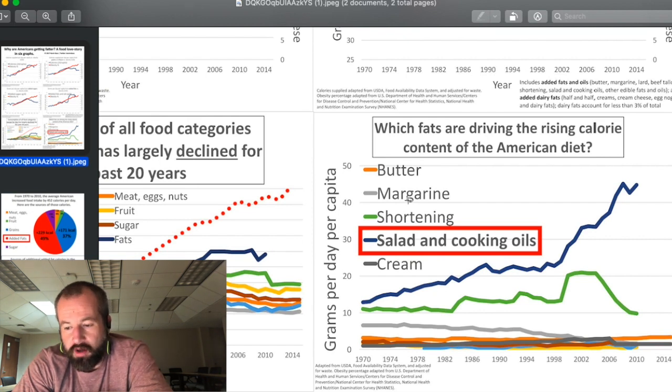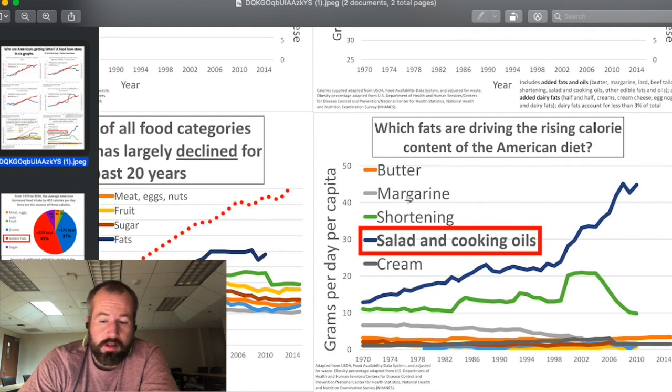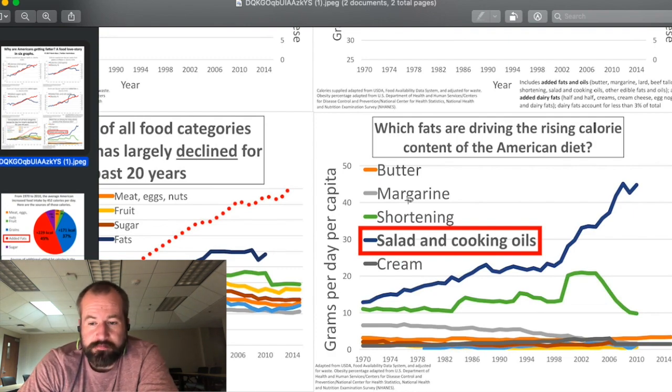Shortening has fallen off, especially ever since 2005. Far fewer people are eating shortening. We're eating less shortening than ever before. But yet, ever since 1970, salad and cooking oils have been increasing dramatically. From 1970 to 2000, you get a slow increase in cooking oils and salad oils. And then from 2000 to 2015, you get a dramatic increase year by year in these salad and cooking oils.